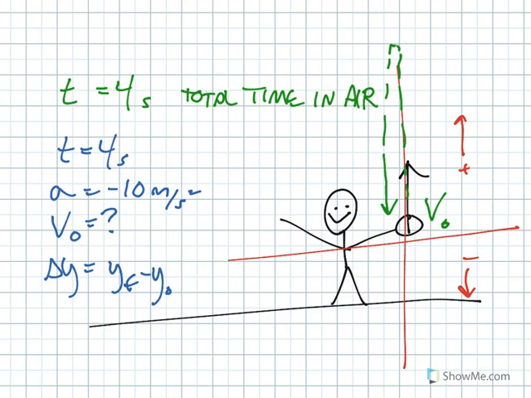Its displacement is 0. The distance that it traveled is not 0, right? Because it went up some number of meters and came down some number of meters. The total distance, you add those two together. But its displacement has a very specific meaning. It's the difference in position between where it stops and where it starts. And so in this problem, it's 0 meters, so yay.